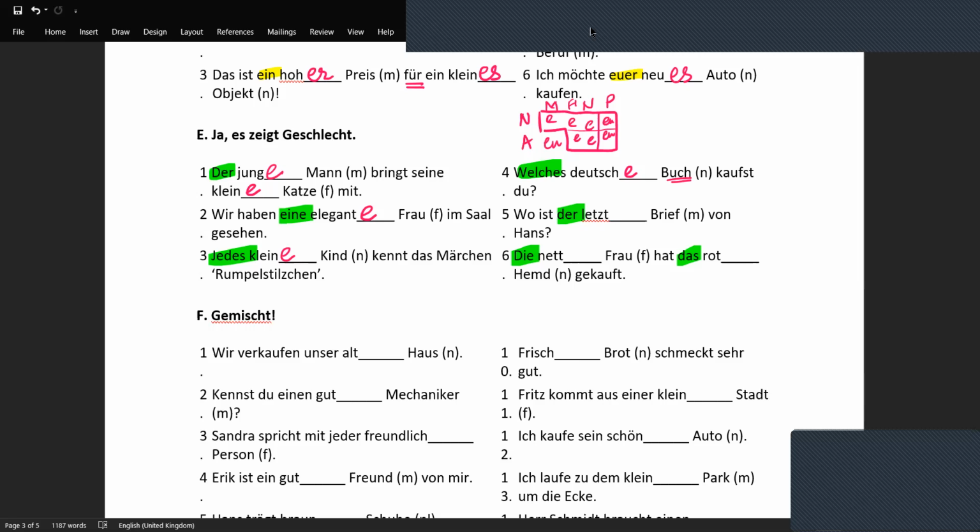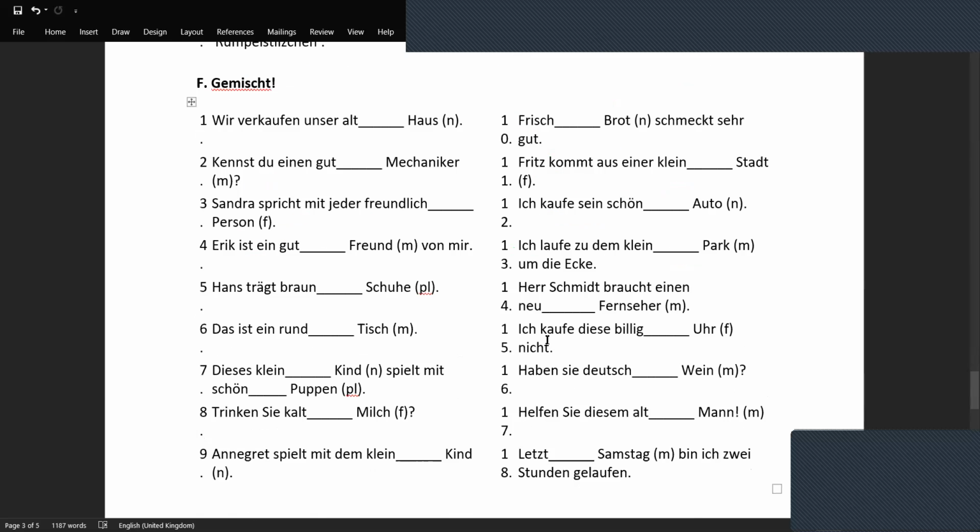Okay, so the interrogative article is telling us that the gender of this noun is neutral. Mm, right. Letzter Brief von Hans. Die nette Frau hat das rote Hemd gekauft.